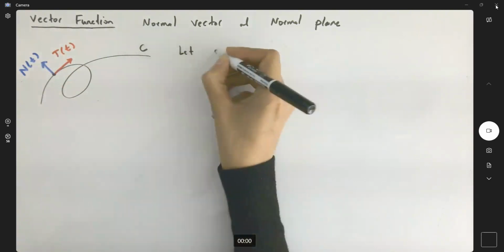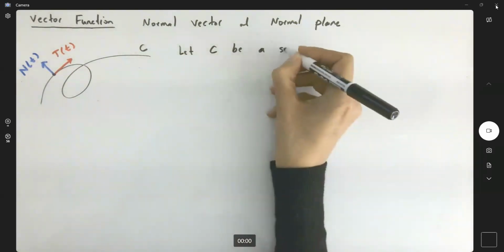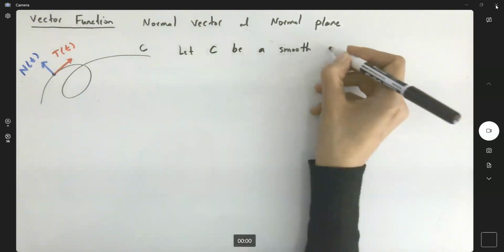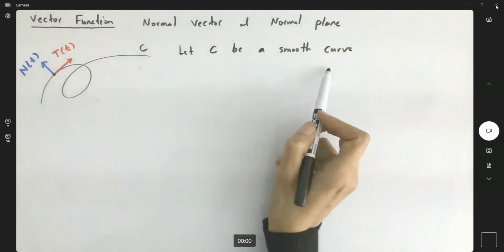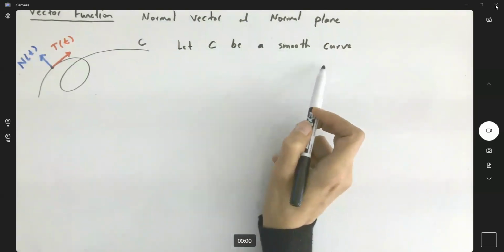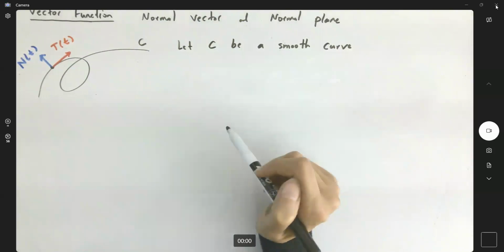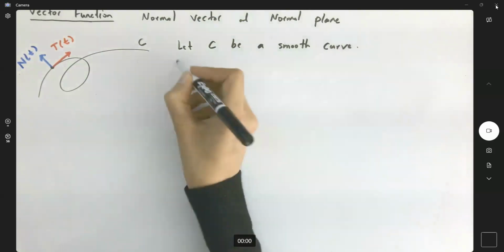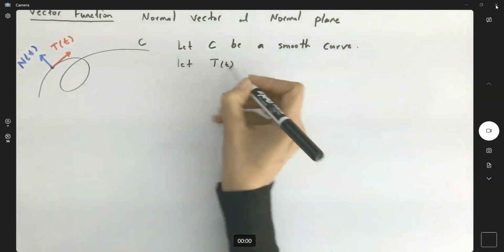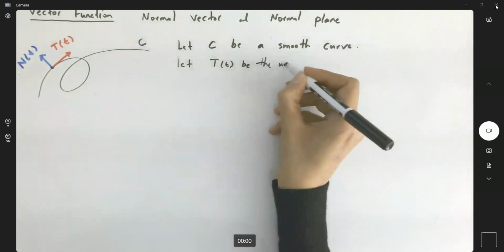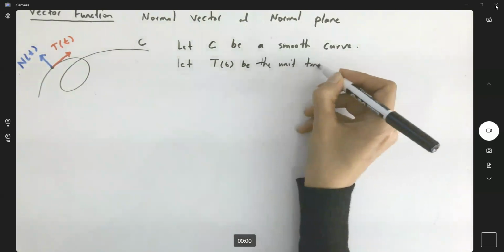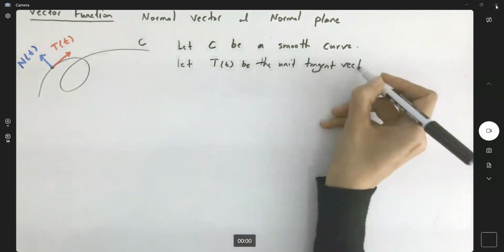Let C be a smooth curve. It means that the derivative is continuous and it's not zero. Let T of t be the unit tangent vector.